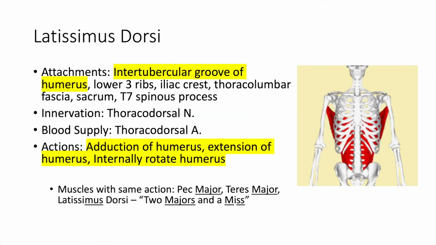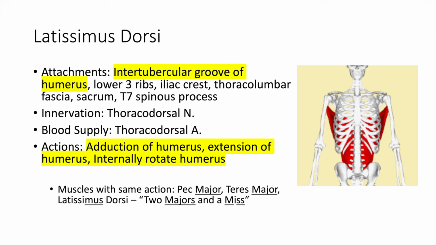Latissimus dorsi. So it's going to attach to the intertubercular groove of the humerus. Now, what's important about this? It's a back muscle, but it's attaching to the arm. So it's really important to remember that even though it's on the back, it's attaching to my arm. You don't have to remember what groove it is, but it's important to remember that it's attaching to the humerus.